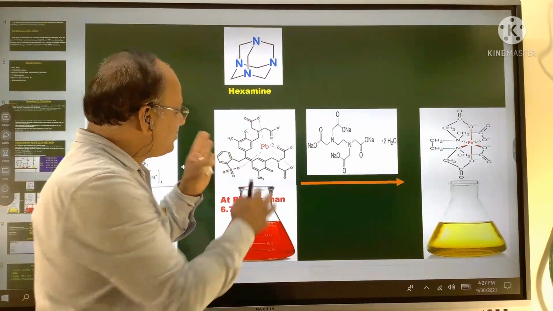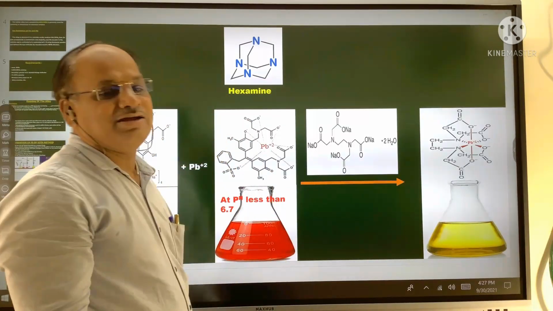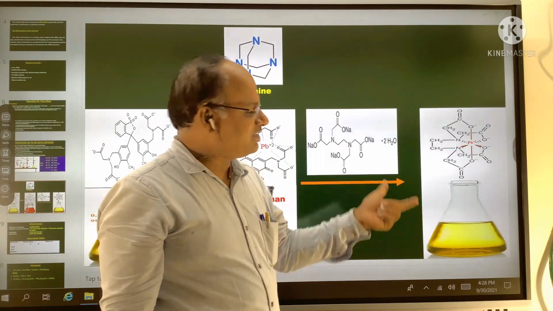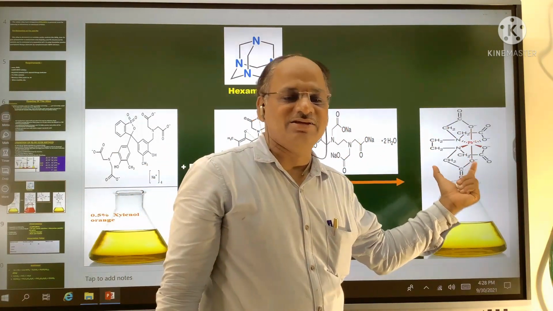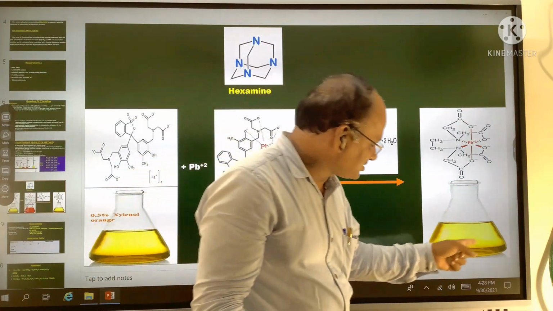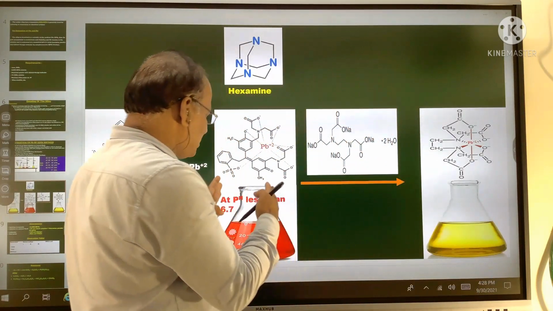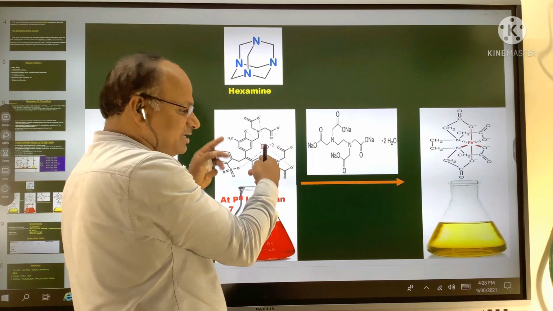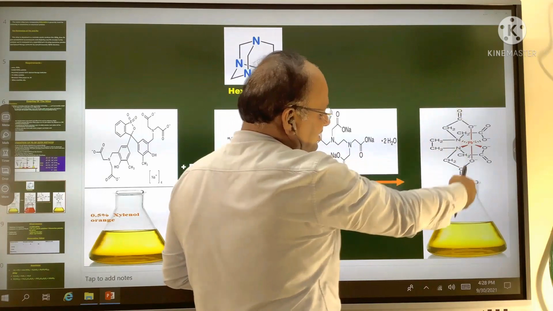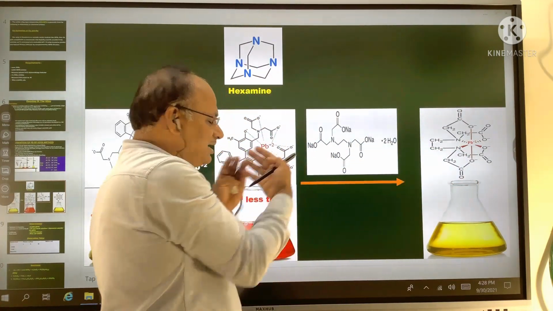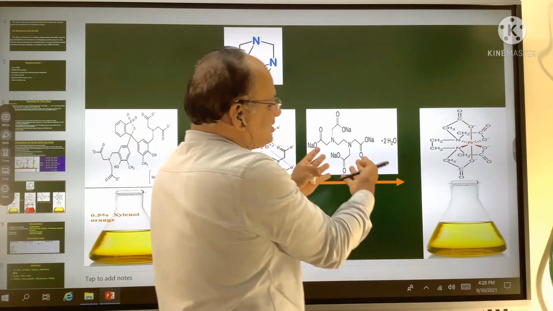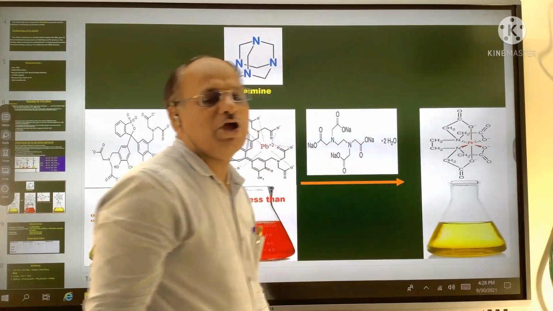Here the lead from the lead xylenol orange indicator complex reacts with the EDTA and forms a more stable complex, the lead EDTA, and the xylenol orange indicator is released, so the color becomes yellow. At pH 6 the complex is red, and if you add the EDTA, at the equivalence point all the lead ions from the xylenol orange complex react with EDTA, and the color becomes yellow.